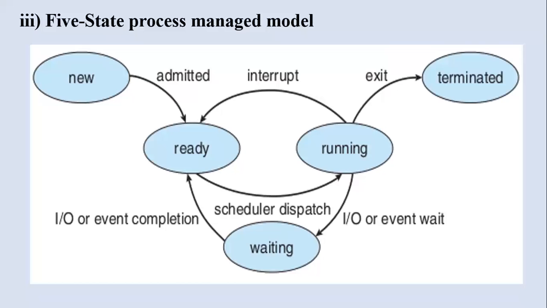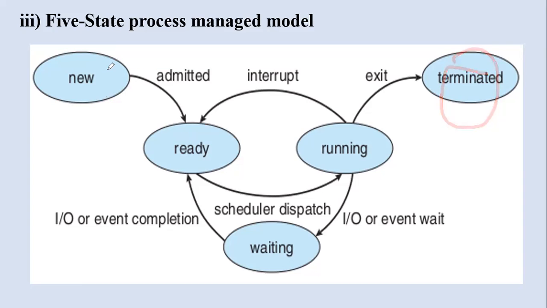The next process model is what we call the 5-state process model. This process model is almost similar to the 3-state process model, but in this case, we now introduce the new state and the terminated state.